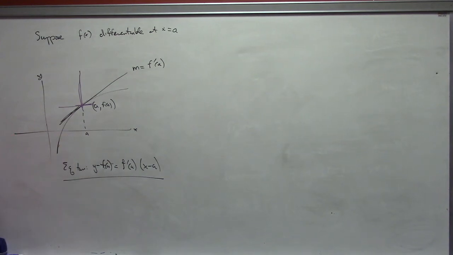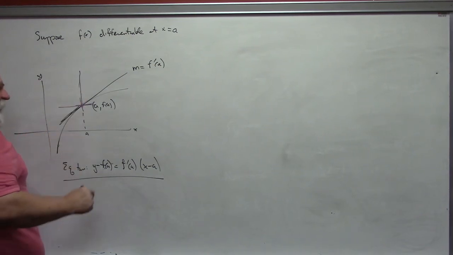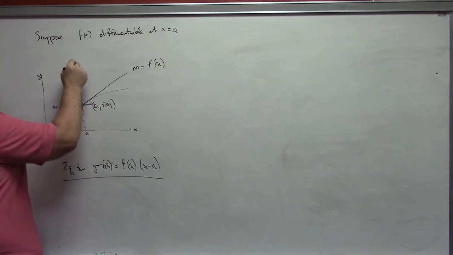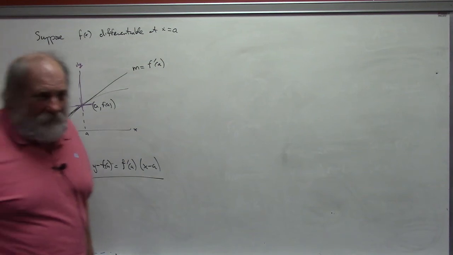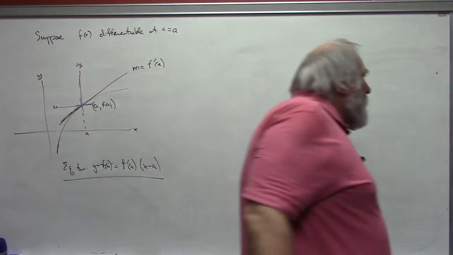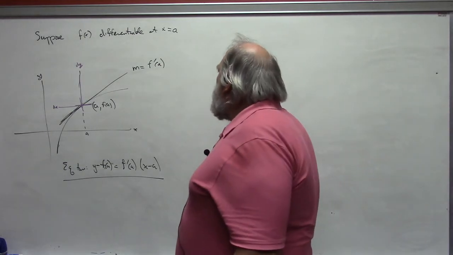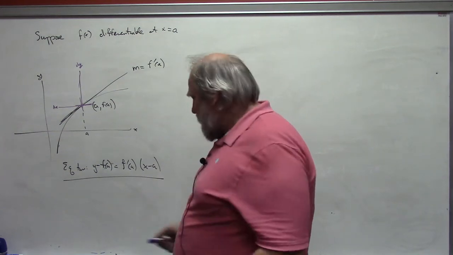Instead of calling this the xy axes, because that's the original axes, I'm going to call this the dx dy axes. Now, my tangent line to the curve goes through the origin of this axis.